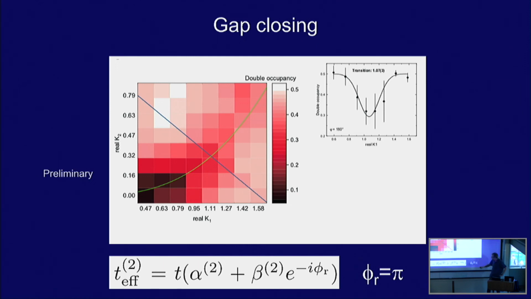But that's not so surprising because we want to bring down this matrix element to 0. And out here, alpha and beta are bigger, and then it's more difficult to get your angle exactly right. So any fluctuation will give you a finite value.